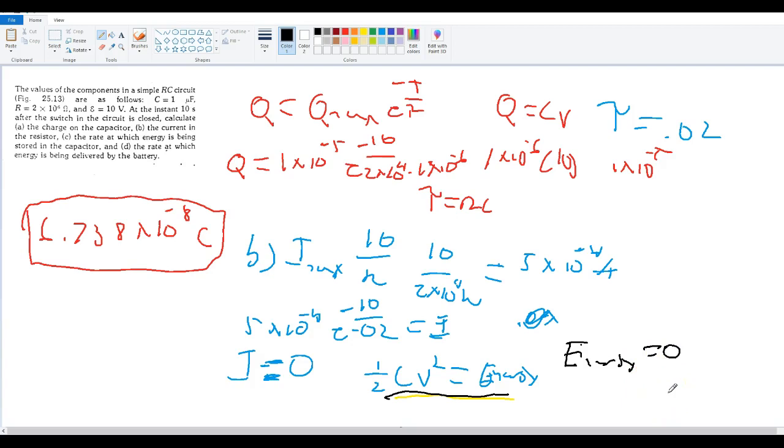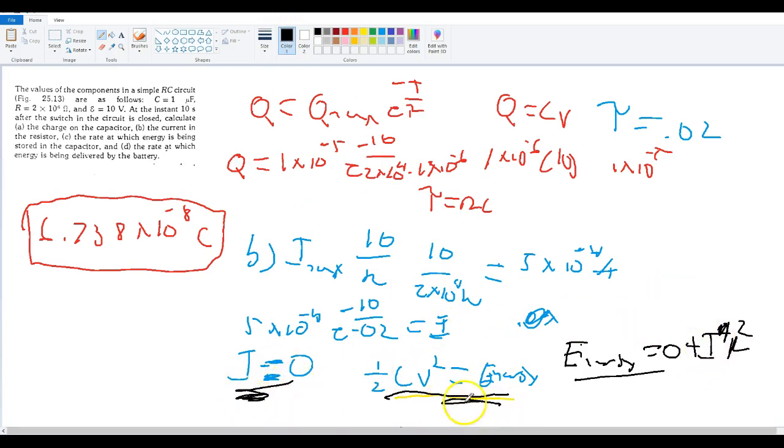And then finally, we have the rate at which energy is being delivered by the battery. So this half is going to be 0 energy, plus the power, which is I squared R, sorry, not I squared, I squared R. R has a value, but I, as we found out here, is 0.